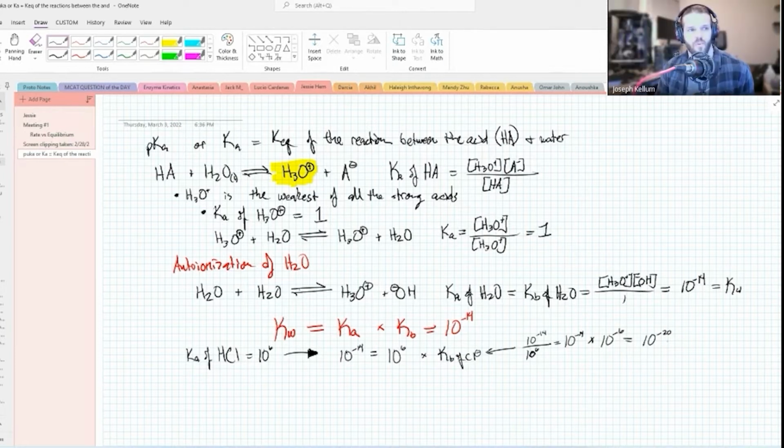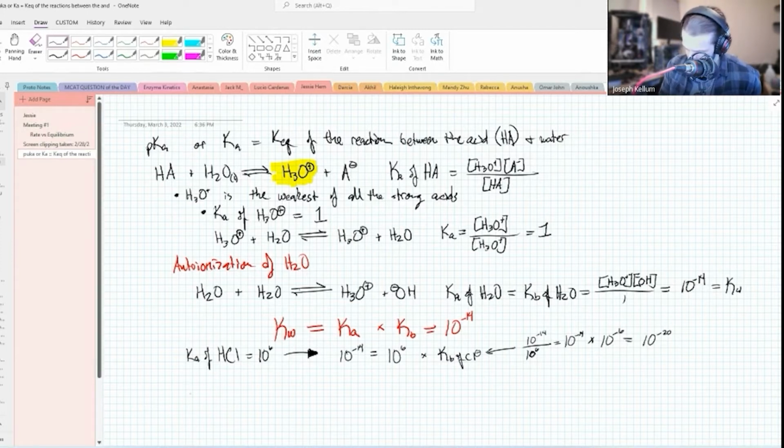So let's find out what's the Kb of OH minus. And you have enough info to do this. I don't have to give you anything else. So Kb of OH minus. How would you solve that?